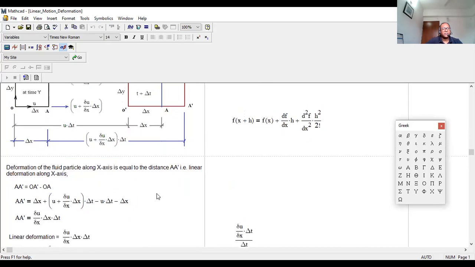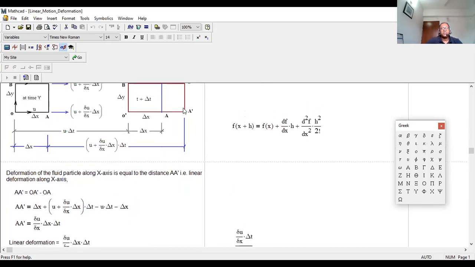So line A'A2, this much distance I need to figure out, is equal to line OA' minus line OA. OA', that we figured out, okay? OA' minus OA, not this one, okay? I should differentiate this term.